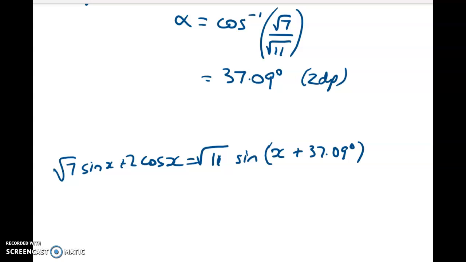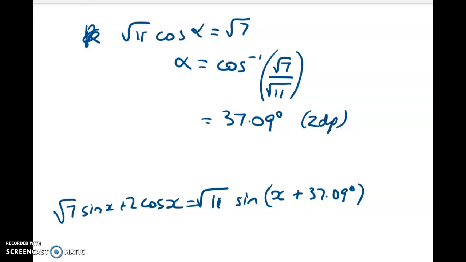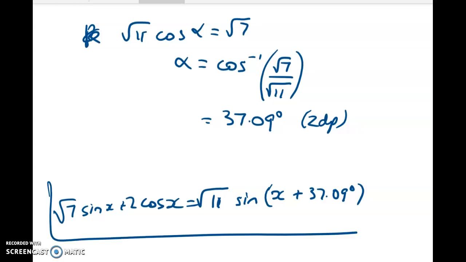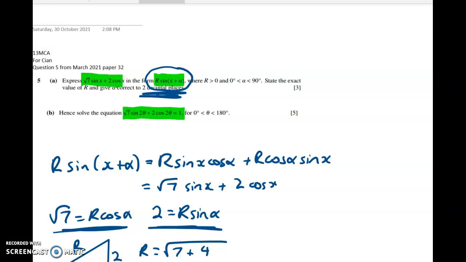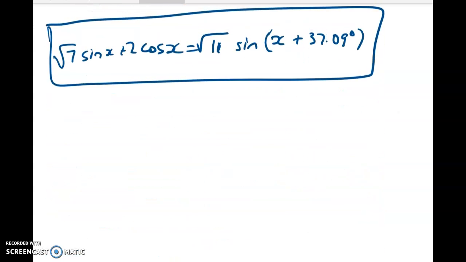Now the reason I'm going slowly is because this question is one where you have to read the next bit carefully. This is just the normal thing that we've seen about probably 100 times this year. But this next question says solve the equation, and then we've got 2 theta. So instead of x in the next question we're going to have 2 theta. Some of you, I suspect, didn't read that. So this is what we get next.